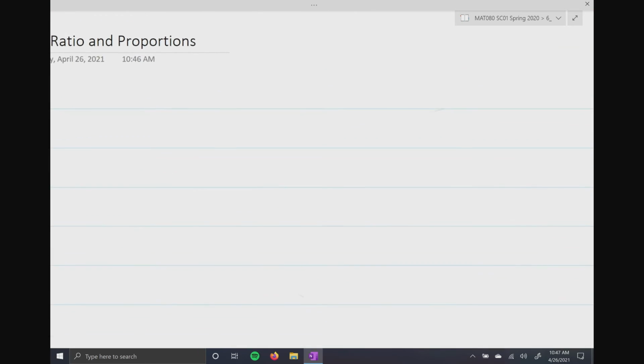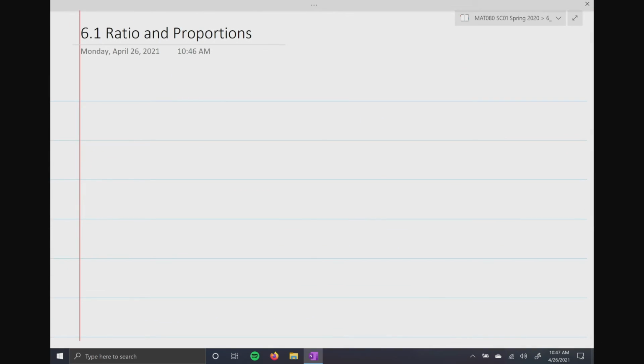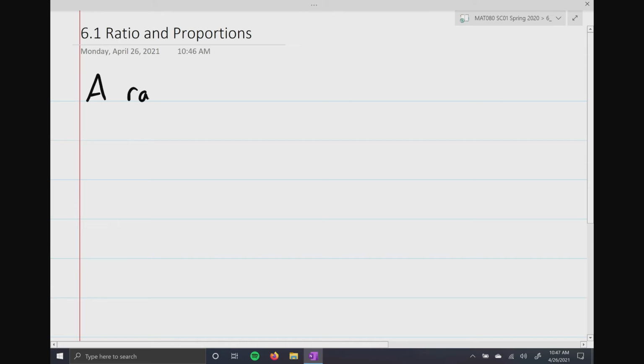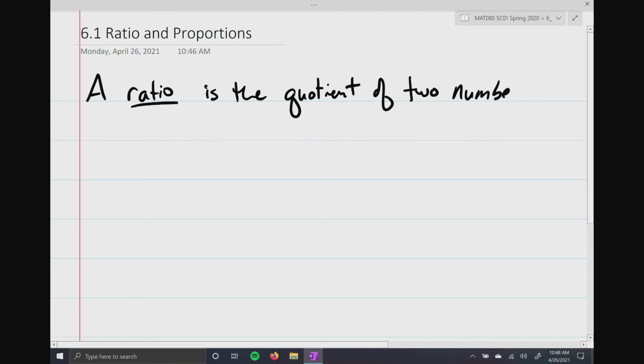Okay? Now, a ratio is the quotient of two numbers or two quantities. So what makes numbers and quantities different?